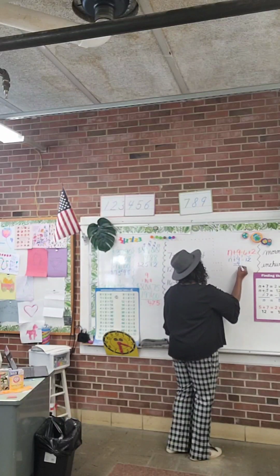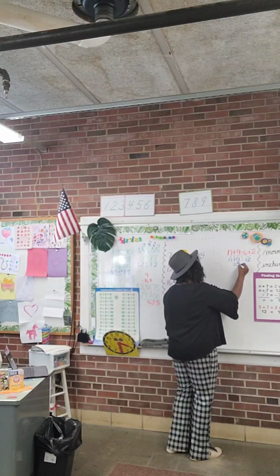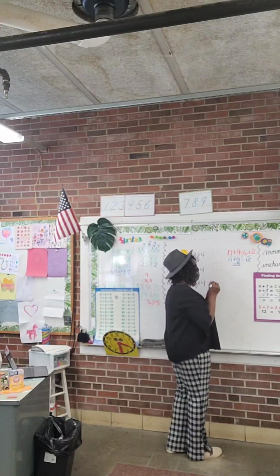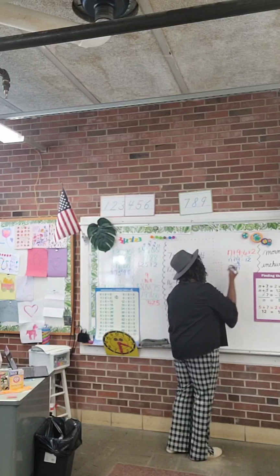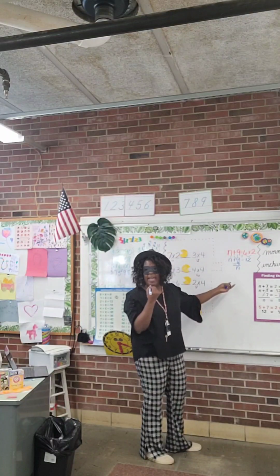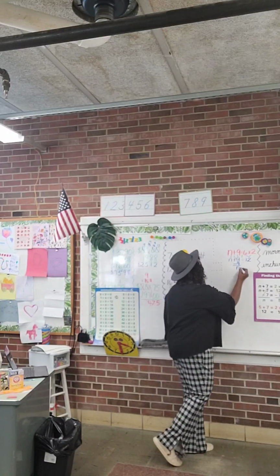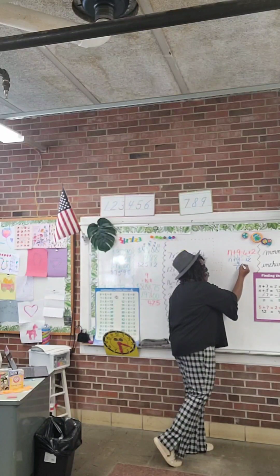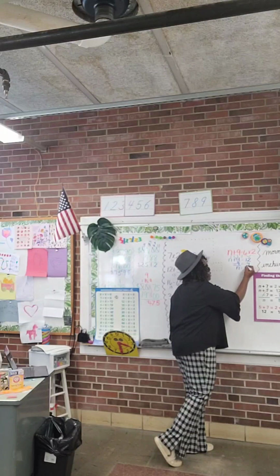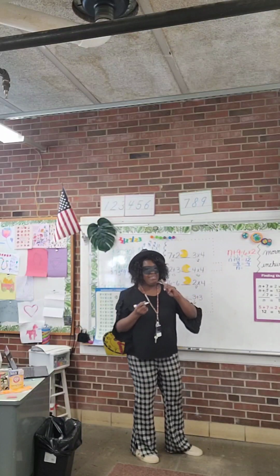Subtract 9. That way, we know 9 minus 9 is 0, which is nothing. And so n plus nothing is going to equal n. But then, what we did to one side, we have to do to the other. Repeat that.